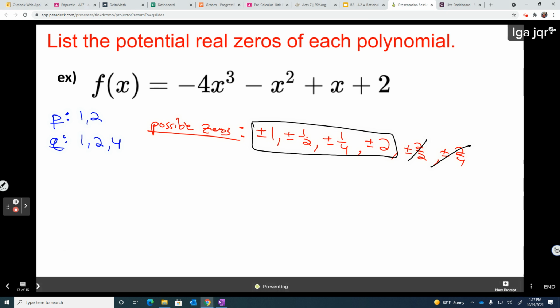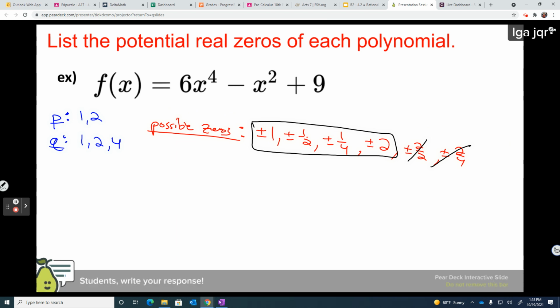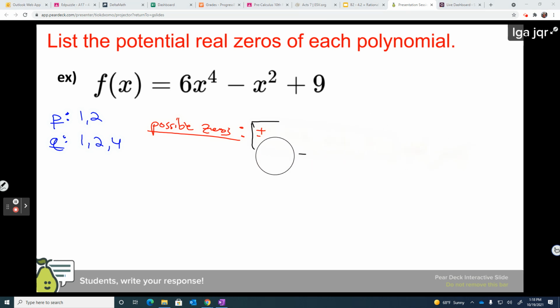All right, let's try a little bit harder one. 6 and 9. If it's helpful for you to write out the pairs, just think about all the factors of 9.